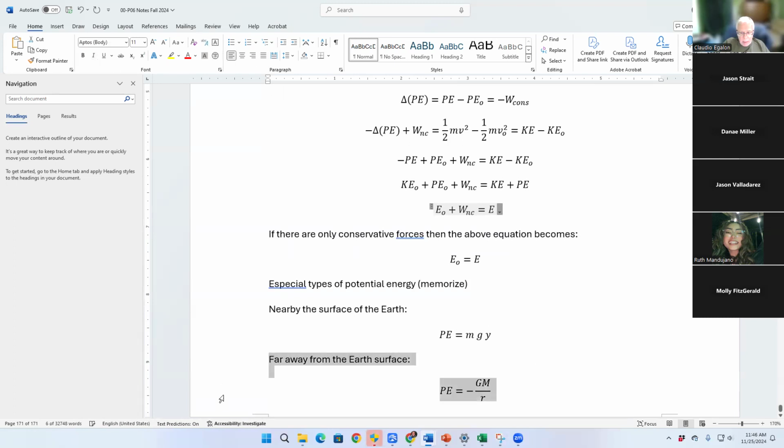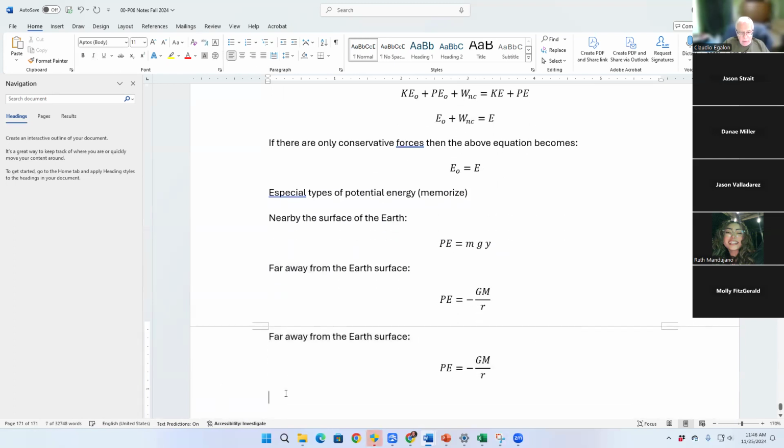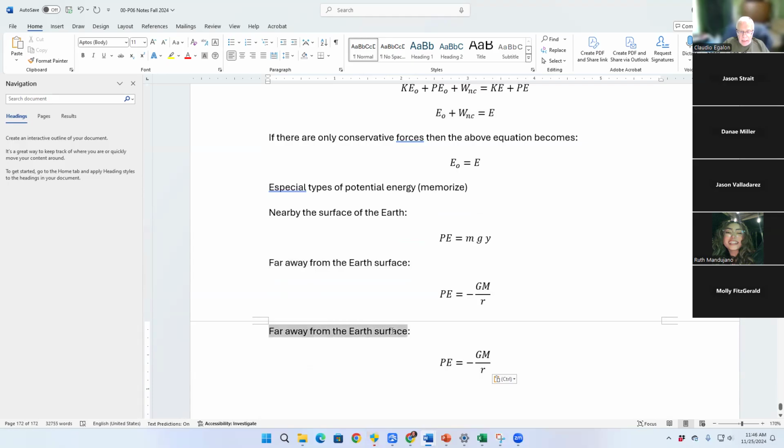Okay, far away. Now, elastic potential energy. Elastic potential energy is going to be, I'm going to put it elastic here, half k x squared, where k is the spring constant, right?